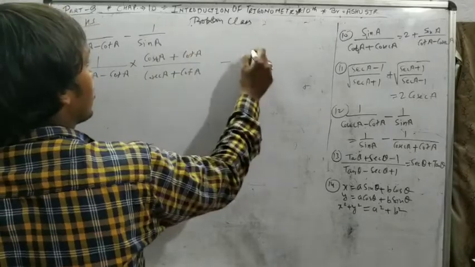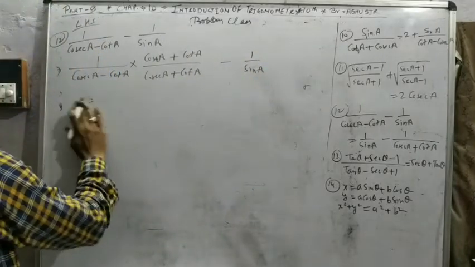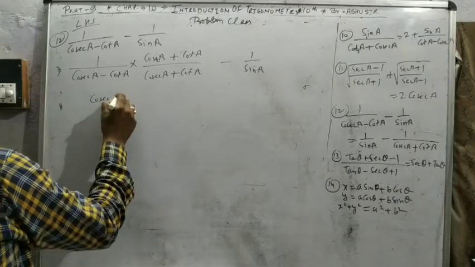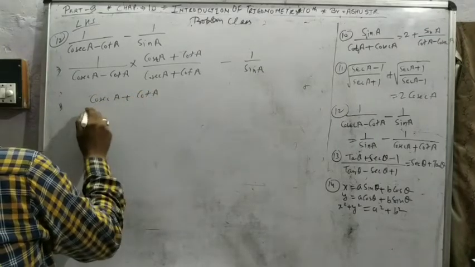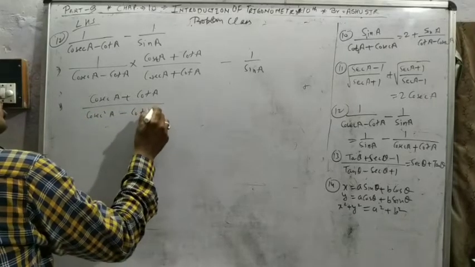We can write cosec A plus cot A upon cosec square minus cot square.